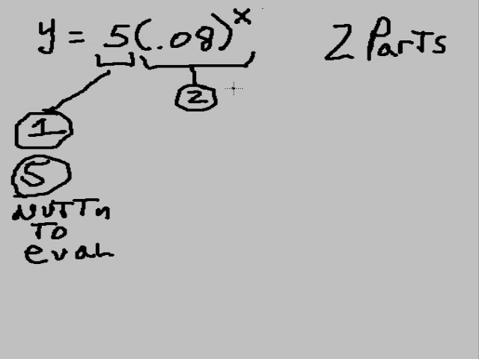What if we wrote this not as 5 times 0.08 to the x power, but put 0.08 in its fraction form? Well, 0.08 is 8 over 100.